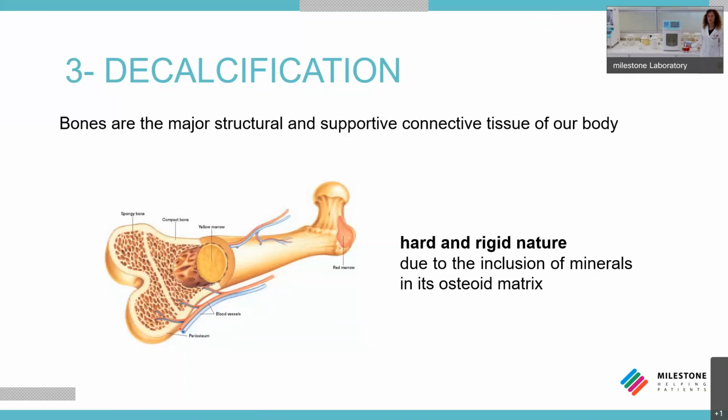Bones consist of 3 major components. There are cells named osteocytes, that are surrounded by a calcified matrix, and the collagen fibers type 1.